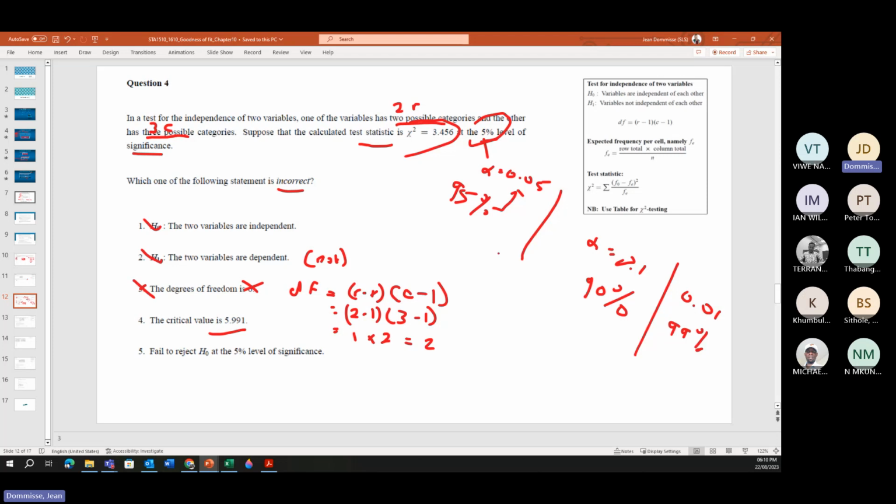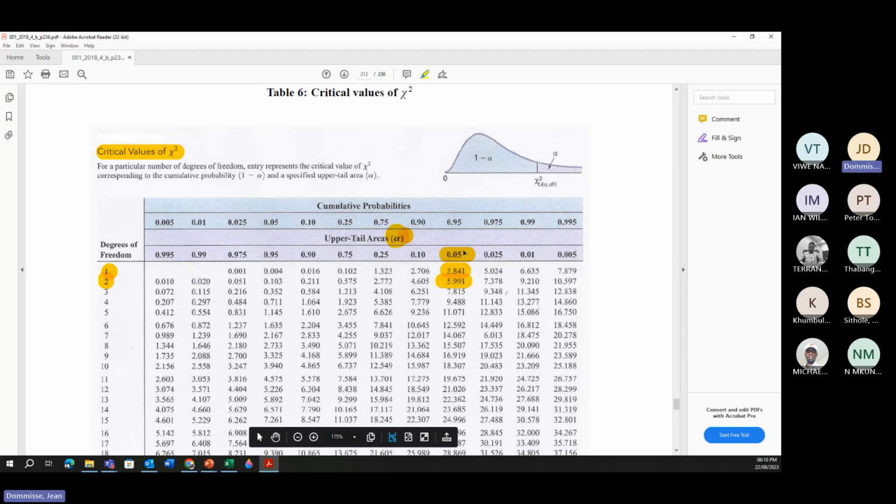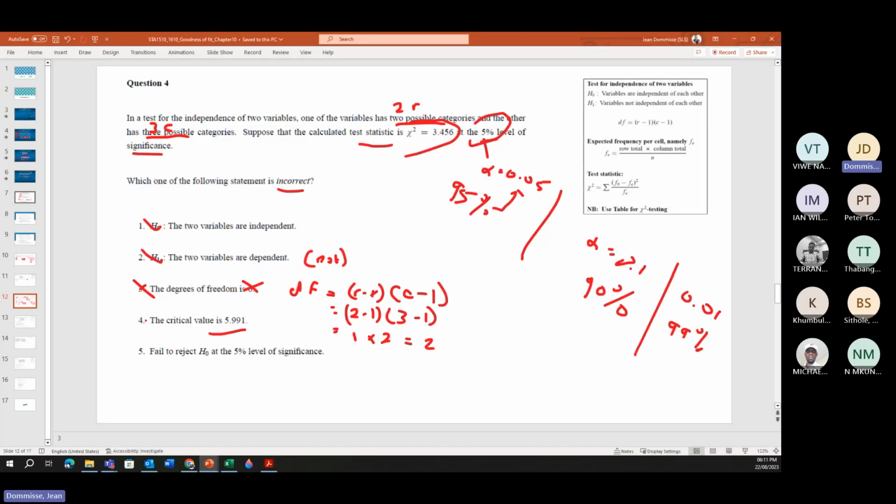We don't need to work it out again. Okay, so we're working here with alpha 0.05. And as we normally did with the Z table, where those two cross, that is the value that we referred to. It's 5.991, which is correct.